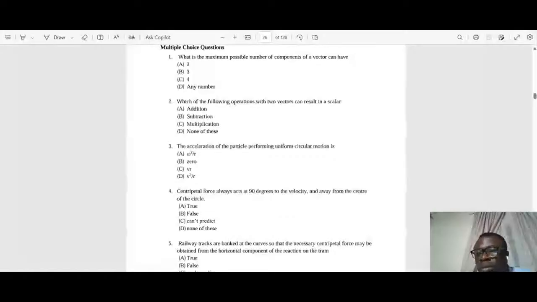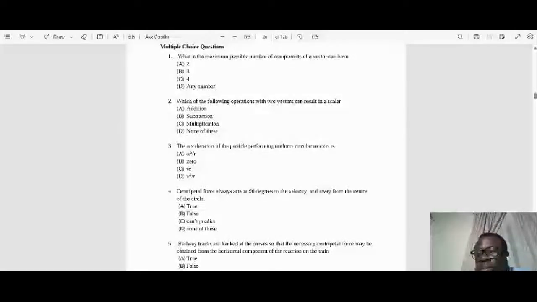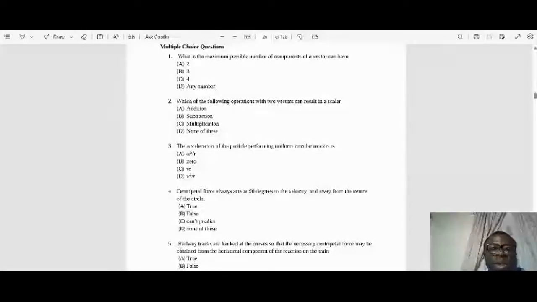Somebody says multiplication, somebody says A, somebody says C. You need to give the options, the letters. A is addition, B subtraction, C multiplication, D none of this.